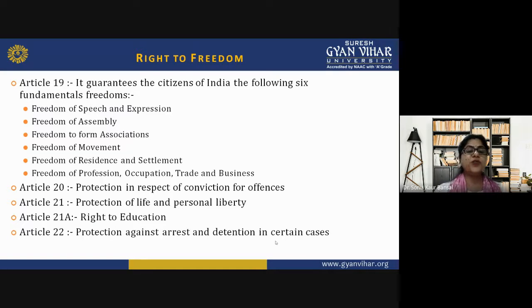Then Article 20 is about protection in respect of conviction for offenses. Article 21 is protection of life and personal liberty. Article 21A, right to education. Article 22 is about protection against arrest and detention in certain cases.